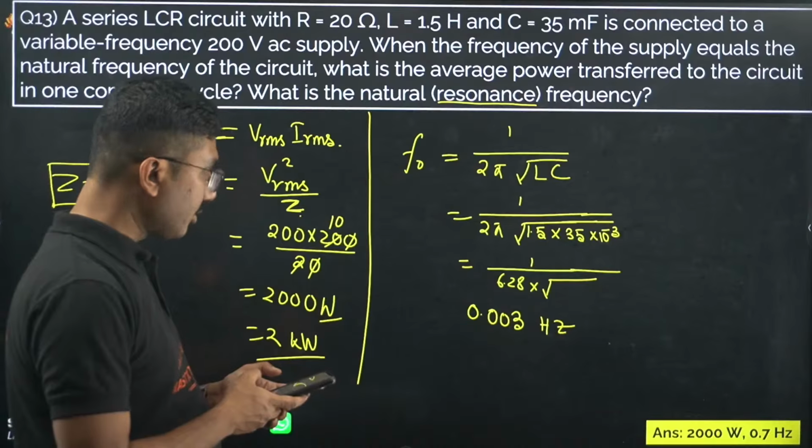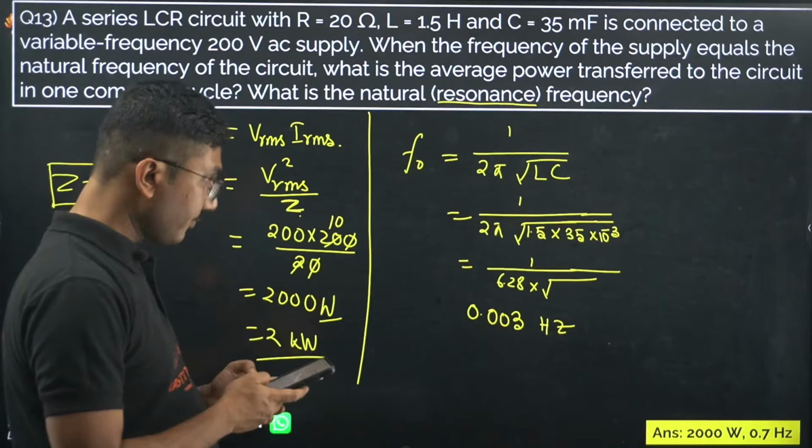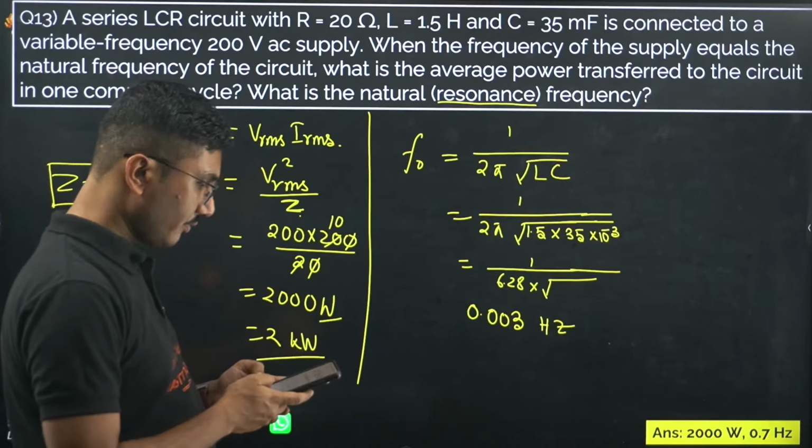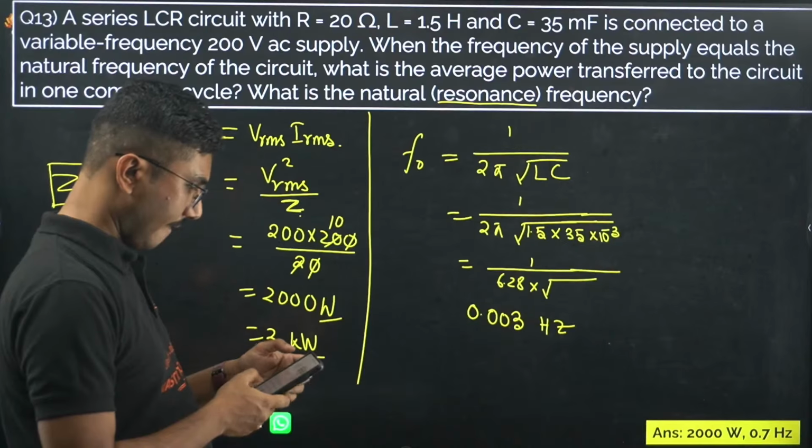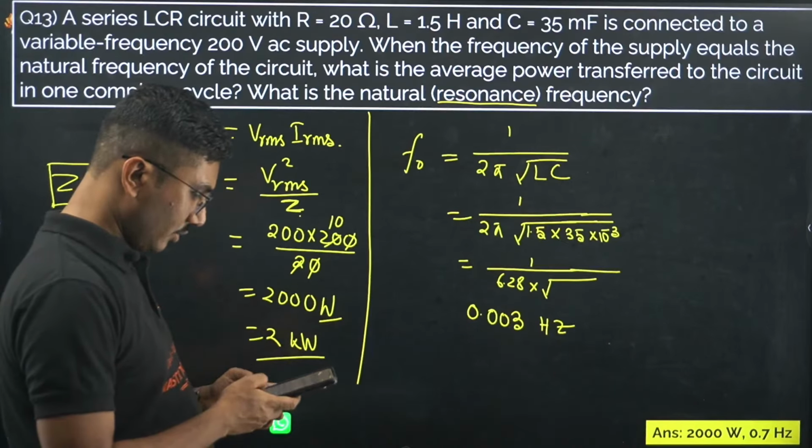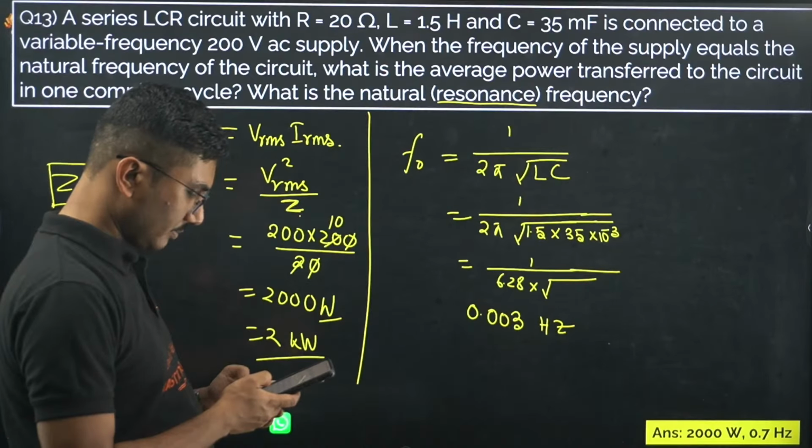So square root of 1.5 into 35 into 10 to the power of minus 3.